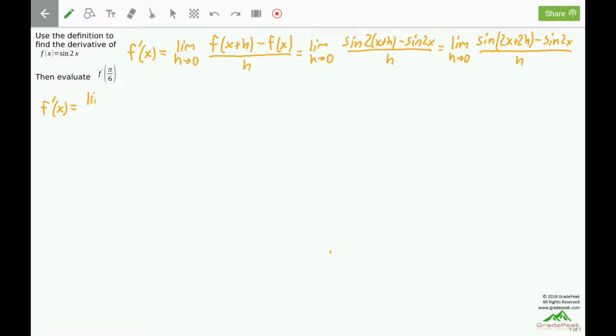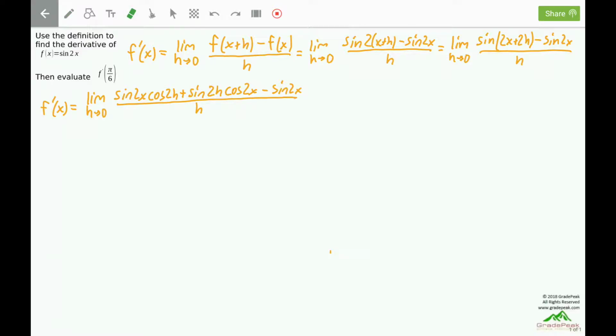So f prime of x will equal the limit as h goes to 0 of the sine of 2x plus 2h becomes the sine of 2x, the cosine of 2h, plus the sine of 2h and the cosine of 2x. And then we have the minus sine 2x, and all of this is divided by h.